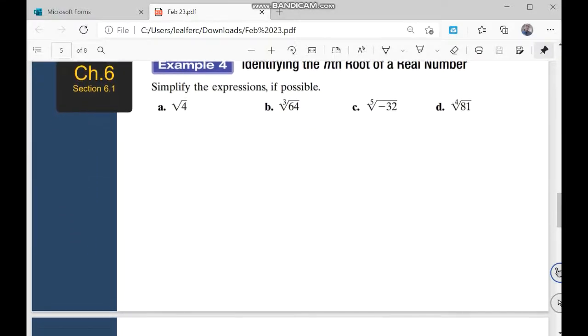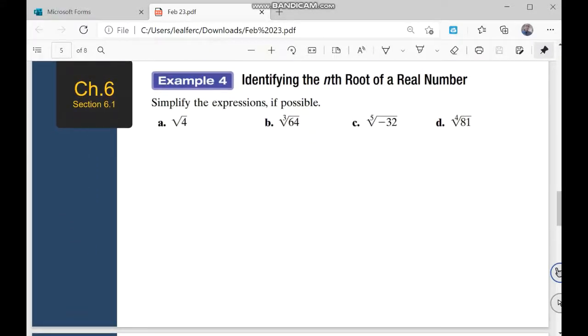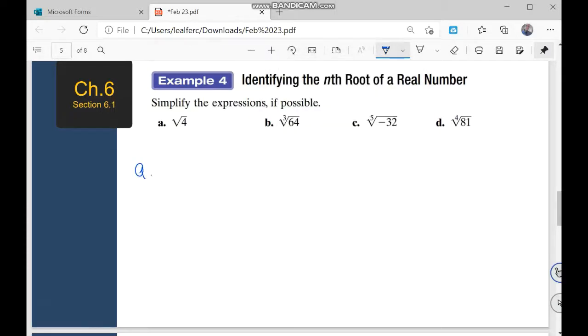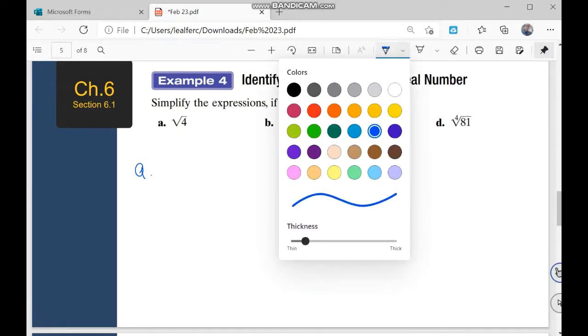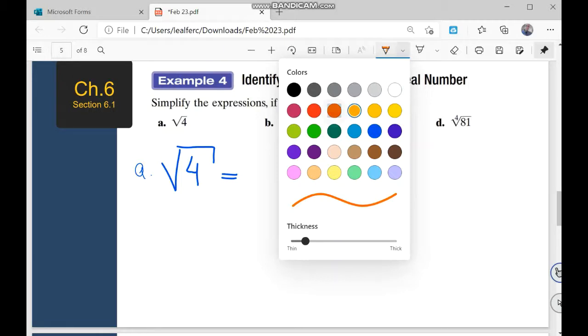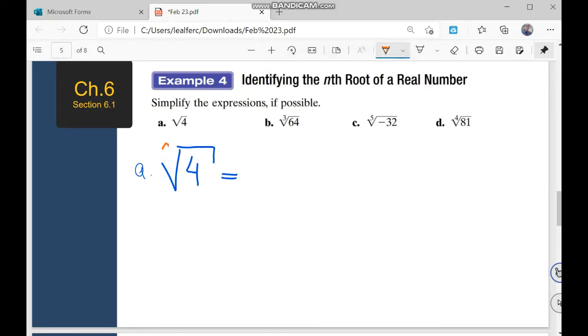Simplify the expressions if possible. And the first one, the square root of 4. Well, when I have a square root, there's an index 2 that is hidden.